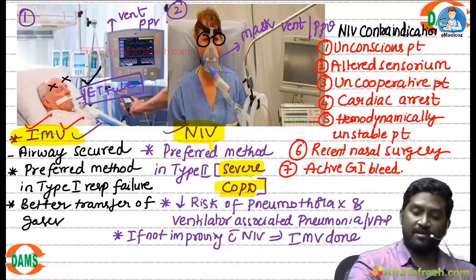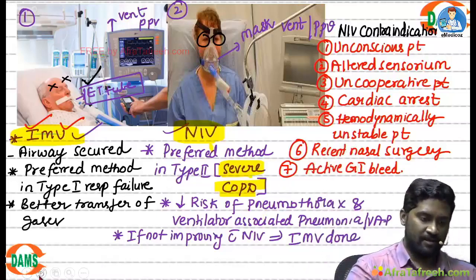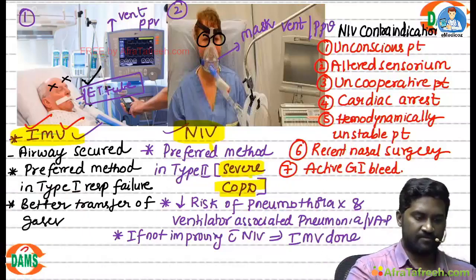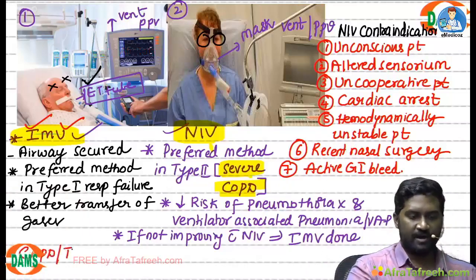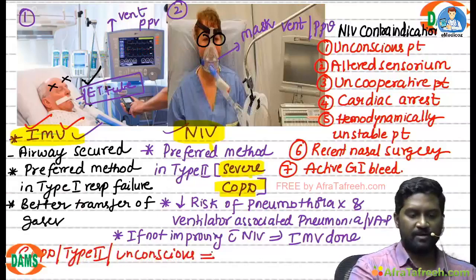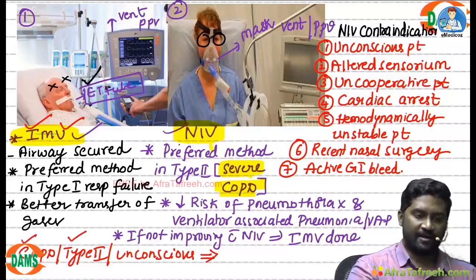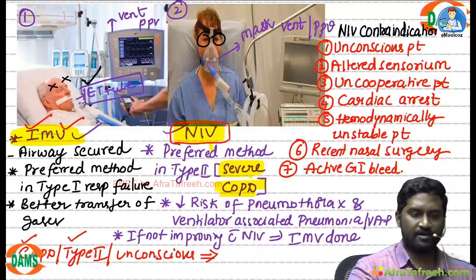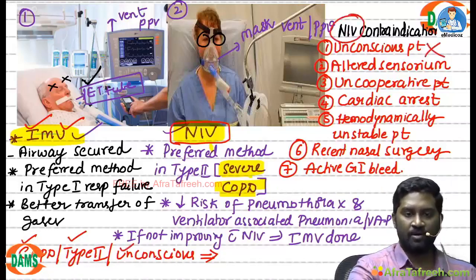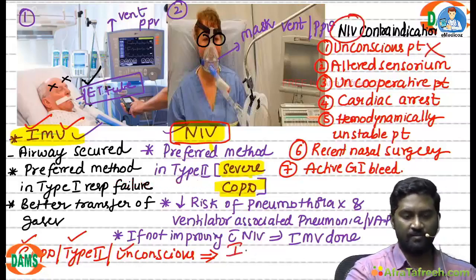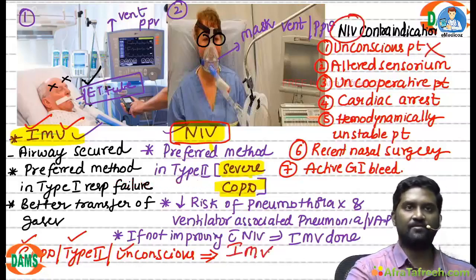Now I'll give you some clinical scenarios. Tell me what to do next. There is a patient with COPD. He is having type 2 respiratory failure. He is unconscious. What will be the preferred method of ventilation? See, COPD, type 2 respiratory failure. You might be attracted towards NIV, but the point here is the patient is unconscious. In unconscious patients, you cannot give NIV. So here the answer will be IMV, invasive mechanical ventilation.